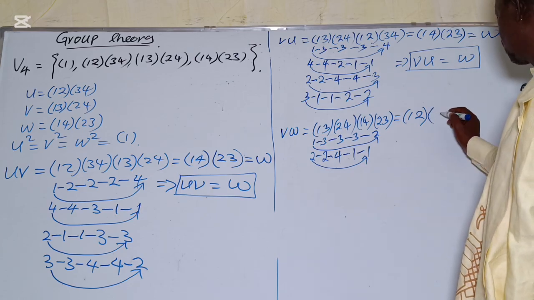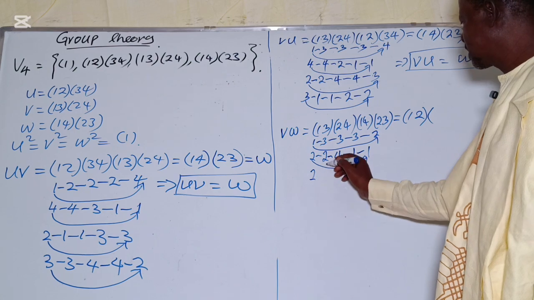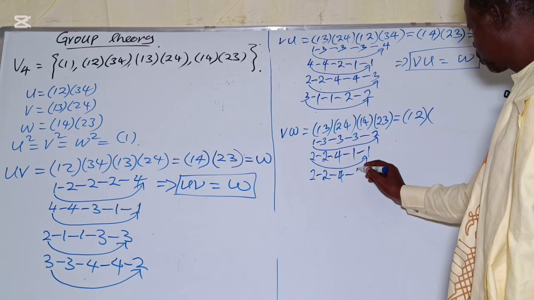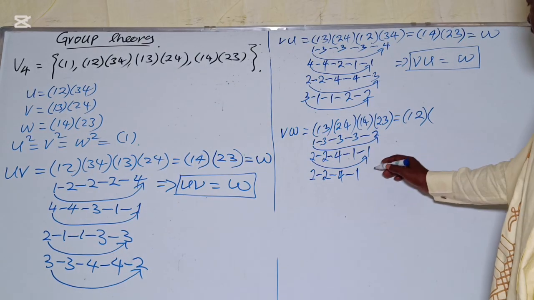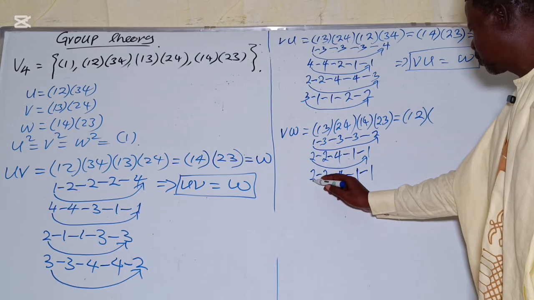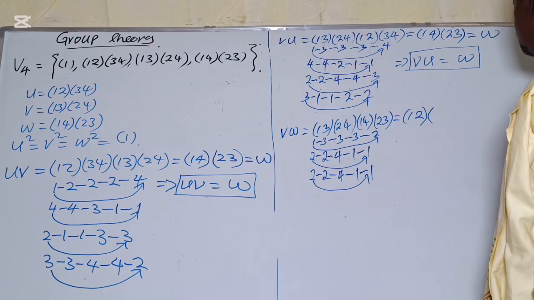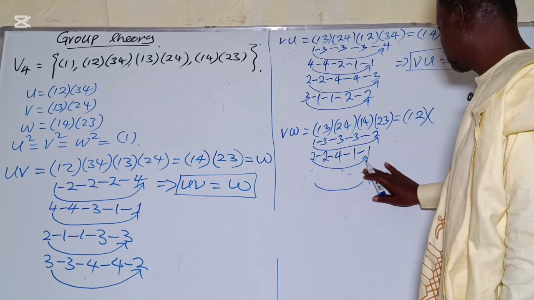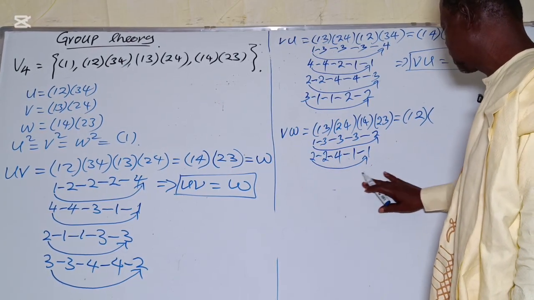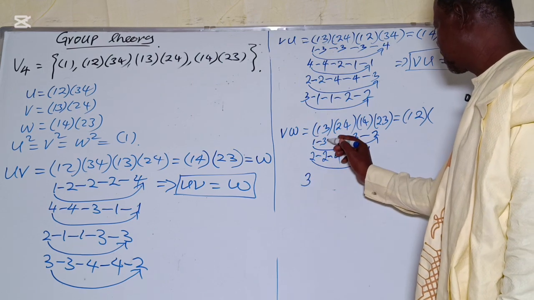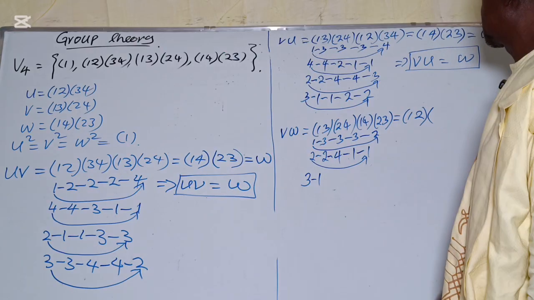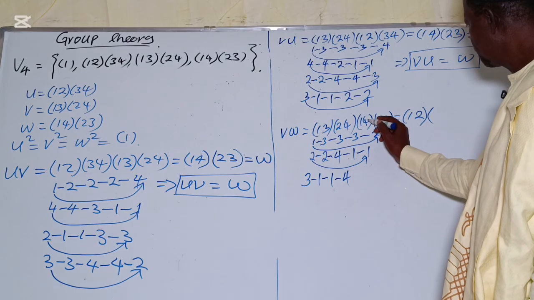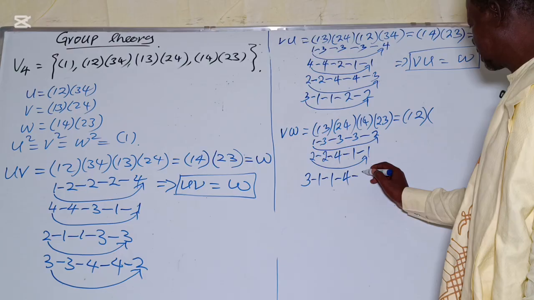Now I will open up another one. Let me use 3, since I have 2 in the first one. 3 is mapped onto 1 in the first cycle. 1 is fixed in the second cycle, but 1 is mapped onto 4 in the third cycle, and 4 is fixed in the fourth cycle.